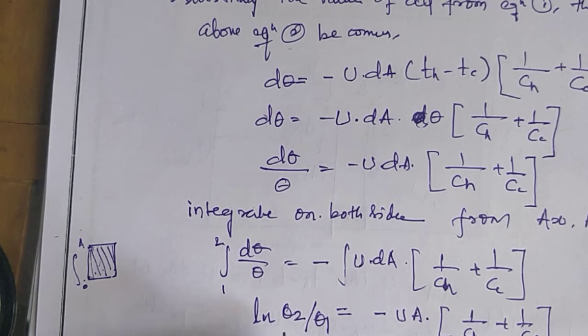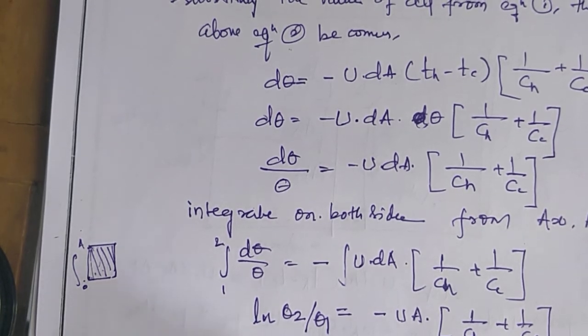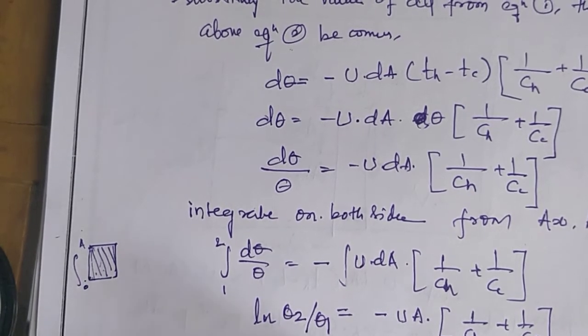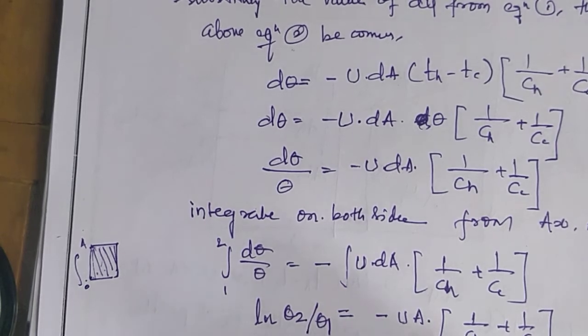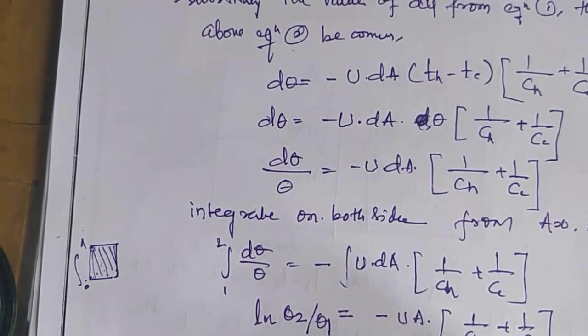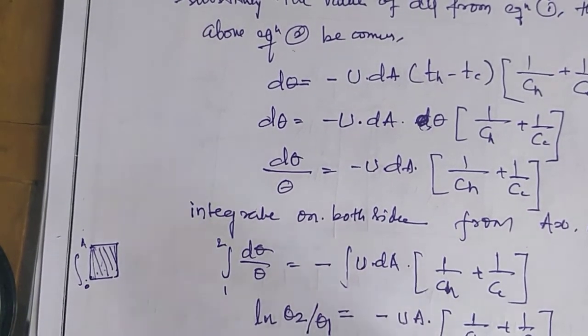So now the total heat transfer rate between the two fluids is given by Q is equal to CH (TH1 minus TH2), which is CC (TC2 minus TC1).